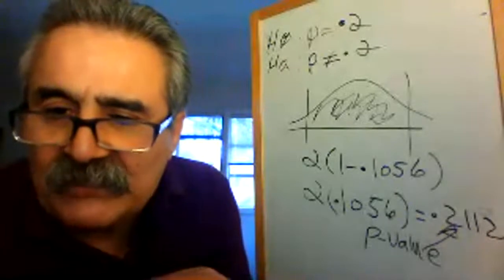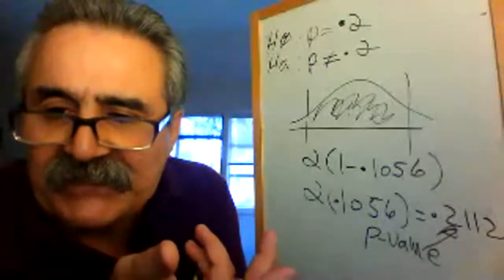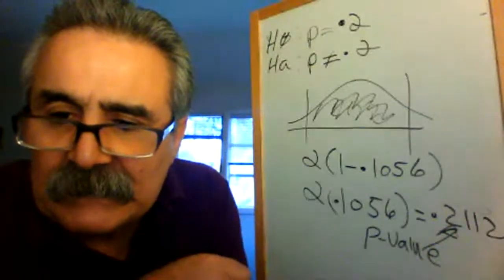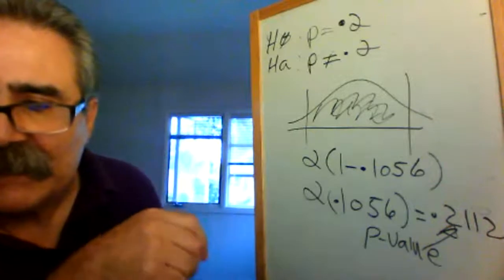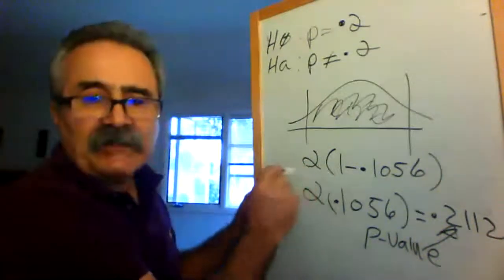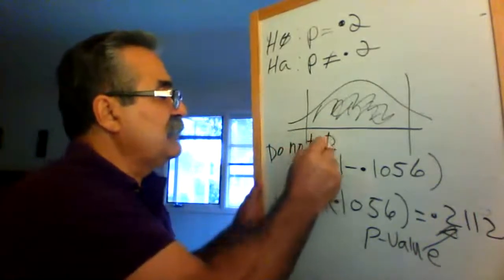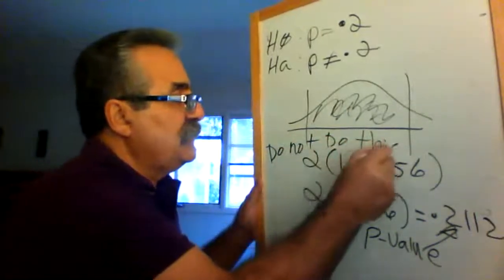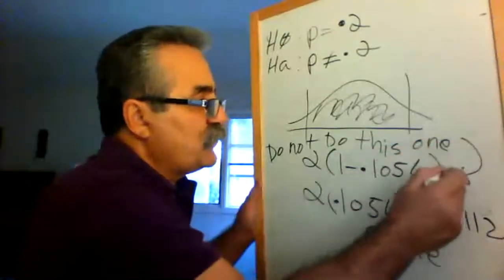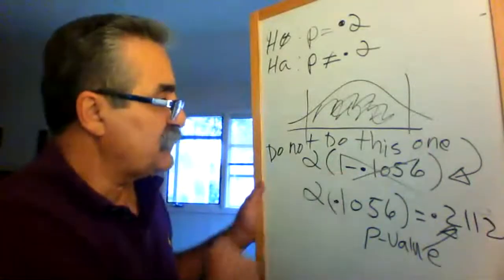But your work shows that you did 2 times, and repeated yourself, 2 times 0.1056. No, you do not do this one. Do not do this one. This is wrong. Okay? Do not do this one.